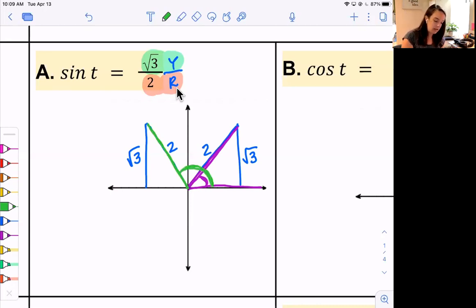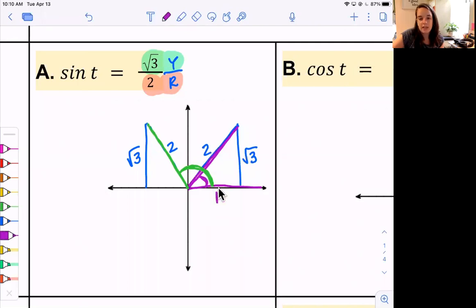So for our purple angle, I know that this is 2 and square root of 3. Using my special right triangles, what number is this? Yes, absolutely, Christine. It's a 30, 60, 90 triangle. What number is x in a 30, 60, 90? 1, yes, 1. So I have a 1 here. It's 30, 60, 90, so I have 1, 2, square root of 3.